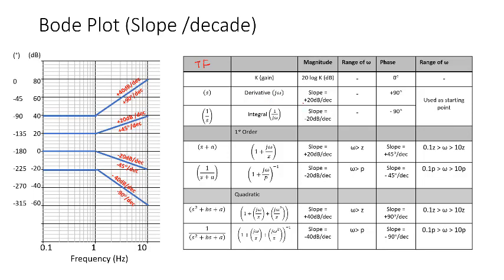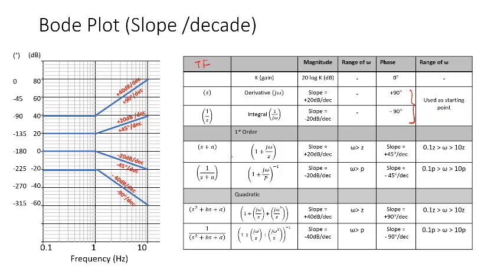It is used to represent positive 20 dB, and for the phase, positive 90 degrees. And 1 over S is an integral part, which will represent minus 20 dB and minus 90 degrees. This point will be used as the starting point.